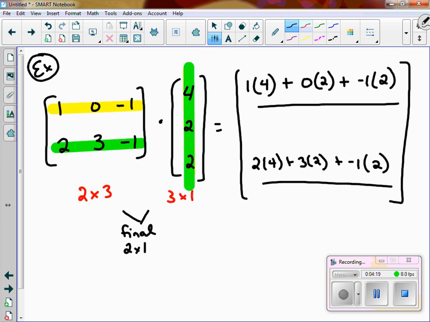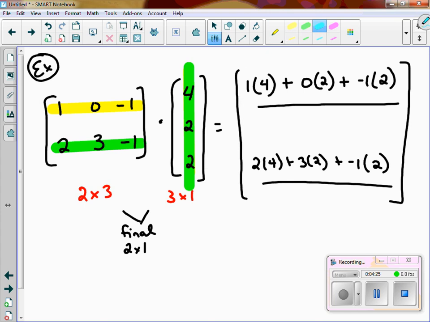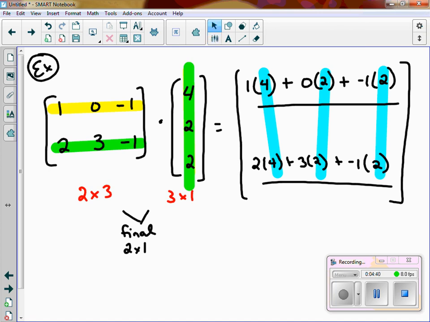Inside the parentheses are my column numbers. So if you look at this, you can see that this right here is the 4 and 4, 2 and 2, 2 and 2. Those match up with the column, where the number on the outside of the parentheses matches up with the row. And I always set it up that way in that type of pattern, so it's easier to solve.